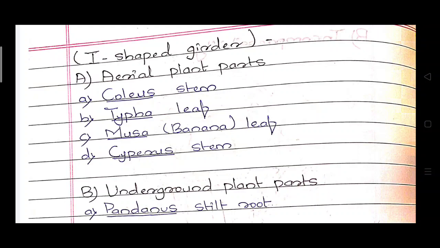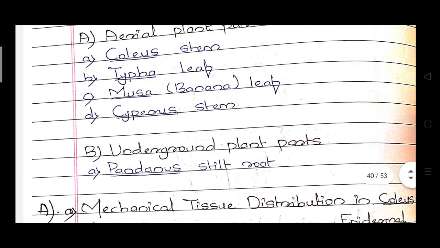So these are four different examples included in your syllabus. In the case of underground plant parts, there is one example, that is pandanus stilt root.